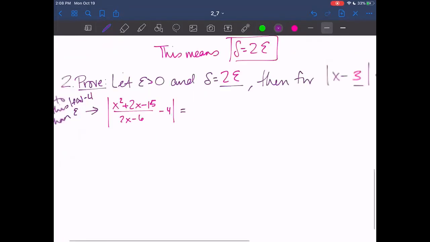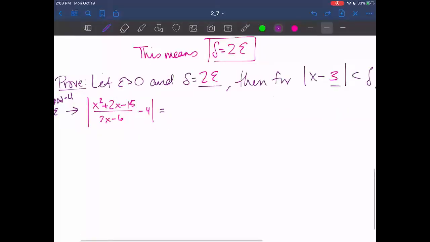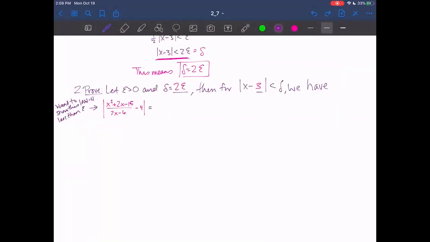We'll do something similar to how we started the first one. Something to keep in mind is that we know x minus 3 is less than delta, so if we can get down to x minus 3, we can use that. Anytime you start these, you're trying to get to whatever inequality you defined in the beginning.